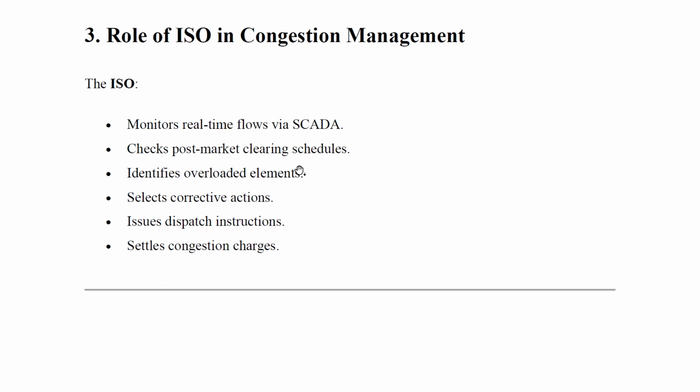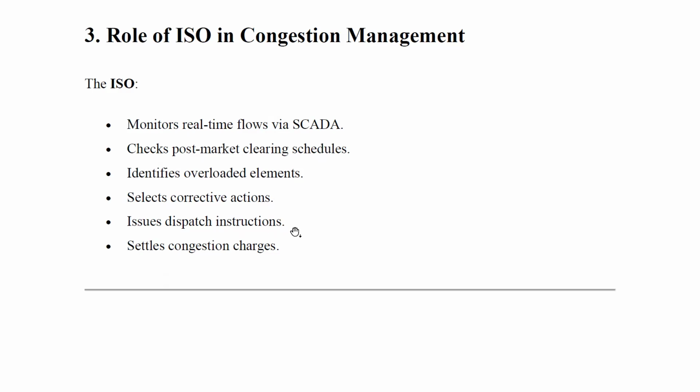It identifies the overloaded elements and selects the corrective action. If any overload happens, the ISO has to take corrective actions, such as reducing the generation, and issues the dispatch instruction clearly: this much power only you need to dispatch, because the transmission lines can handle only that much power. It schedules the dispatch instruction clearly and settles the congestion charges.